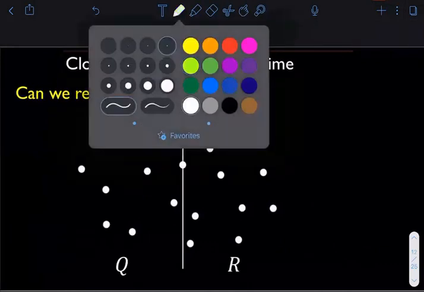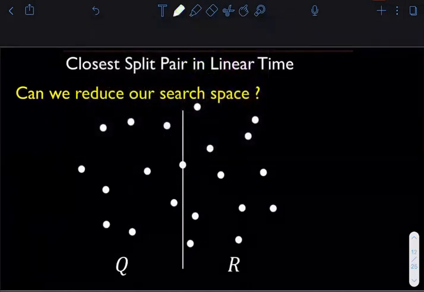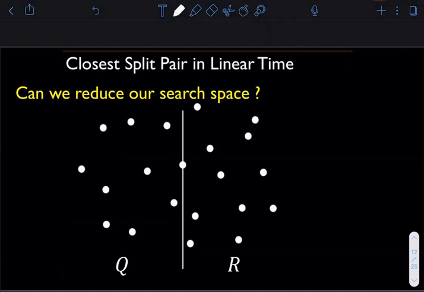Now let's think about how to implement closest split pair in linear time. First of all, if I think naively, it is not at all obvious how to do it. There are n squared many points on the left hand side and n squared many points on the right hand side, so clearly I cannot compare each and every one of them.